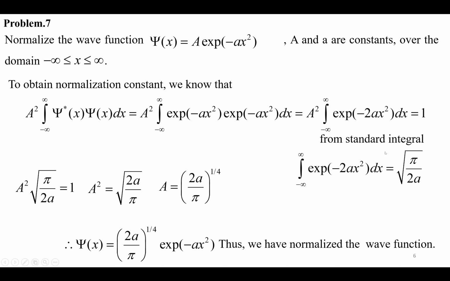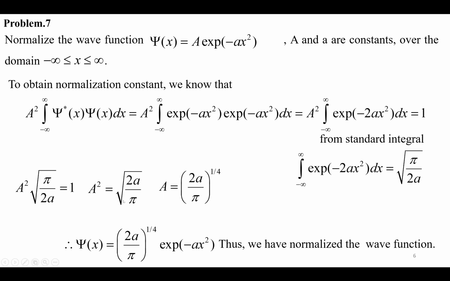Using the standard integral, the integral from minus infinity to plus infinity of e^(-2 alpha x squared) dx gives root of pi by 2 alpha. Substituting this value, we get A squared times root of pi divided by root of 2 alpha, which is equal to 1.